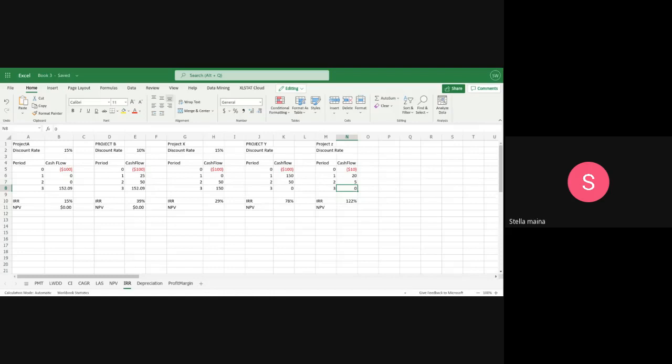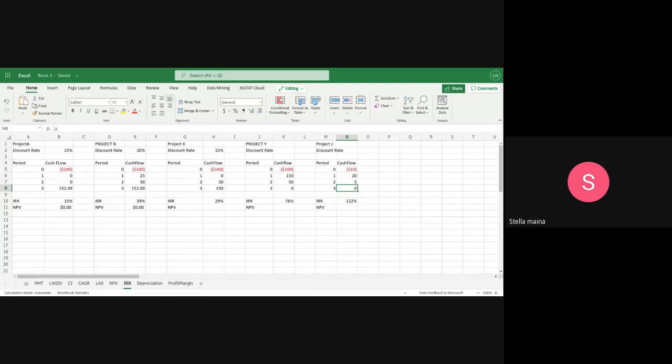Okay, so remember the IRR rule, which states that if the IRR is greater than the required rate of return, you should accept the project. So for this case, our project had a required rate of return of 15% and the IRR ended up being 29%.